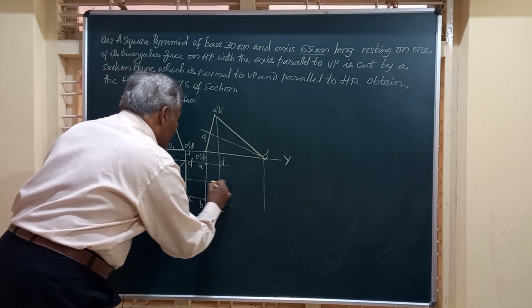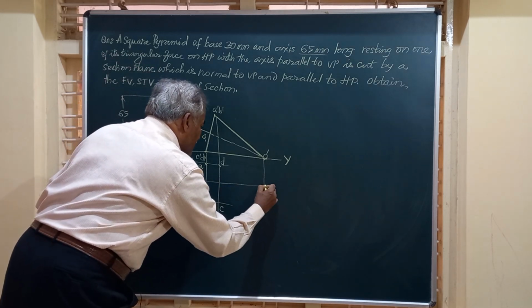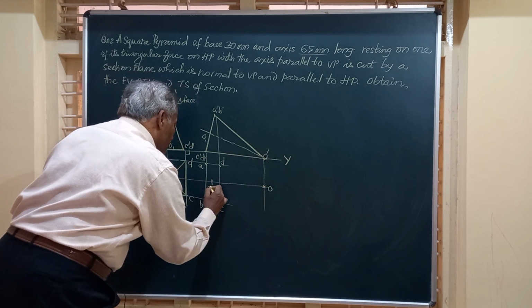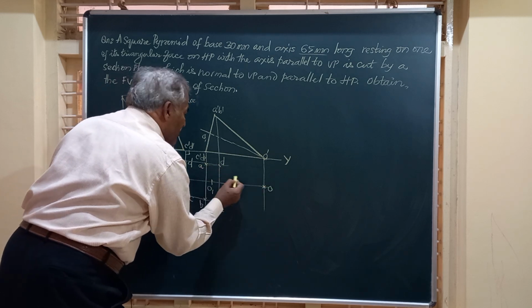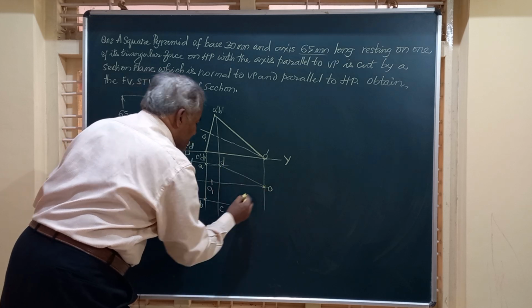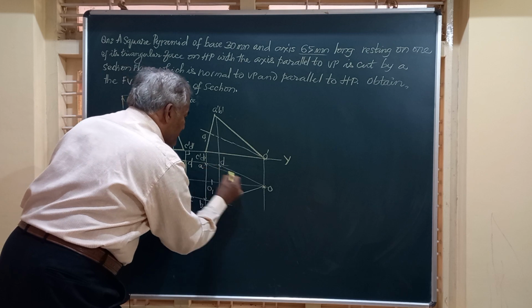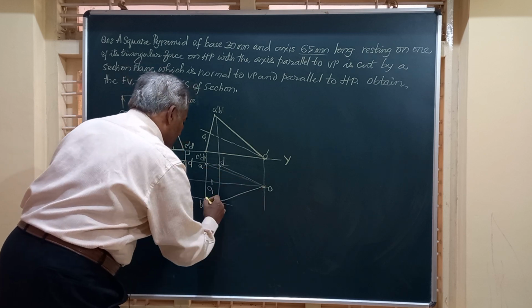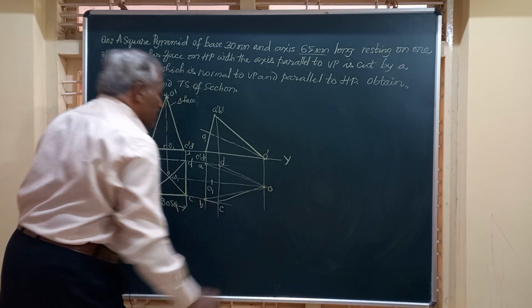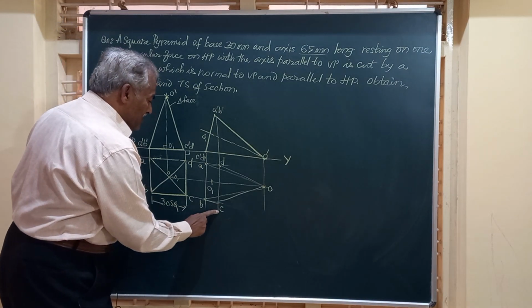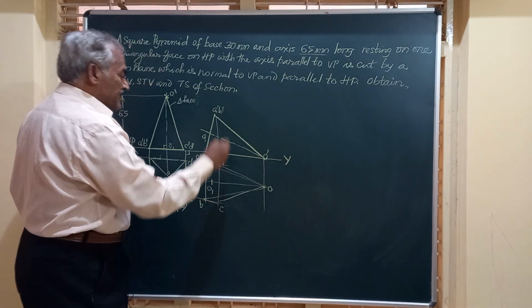So we'll write a horizontal line from here and obtain what is the axis. This is O comma O1. And we'll join all these by very thin lines to start with. And then we will see what happens to the final figure. So I have joined all these corners to the vertex, and this is how the pyramid looks in the top view.